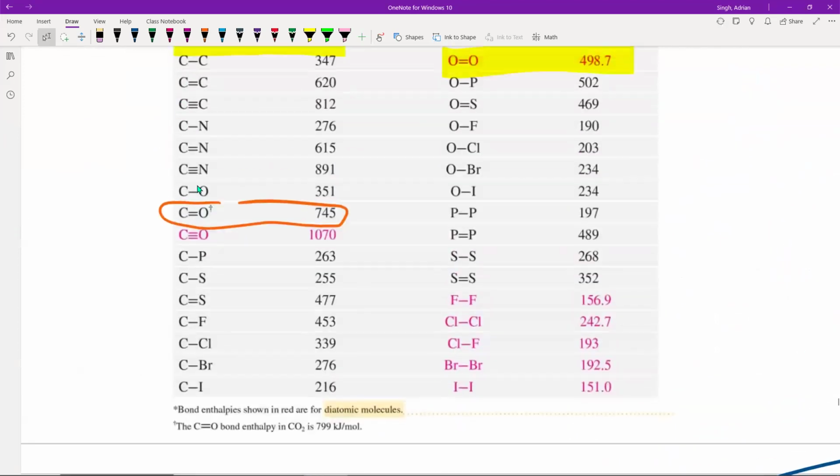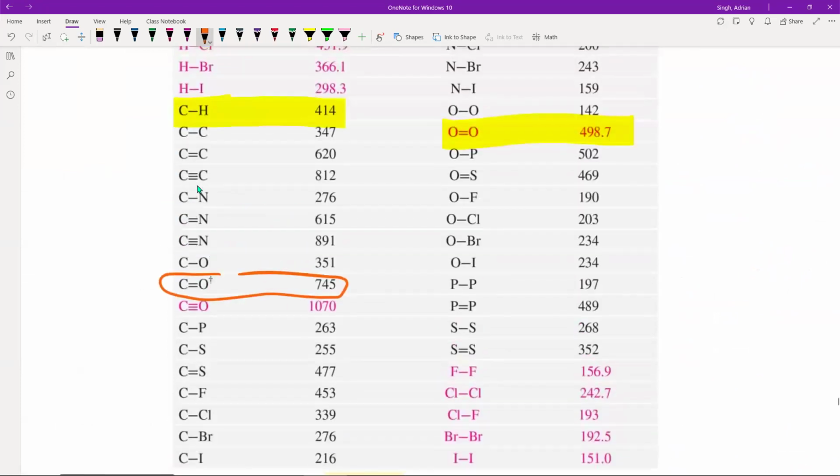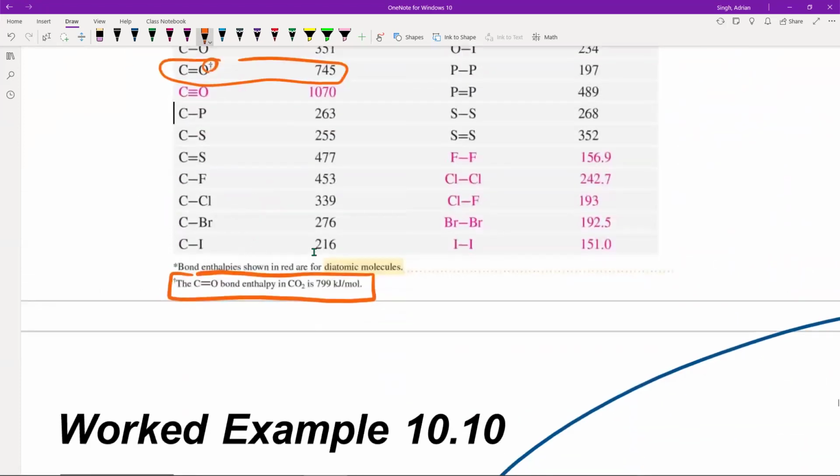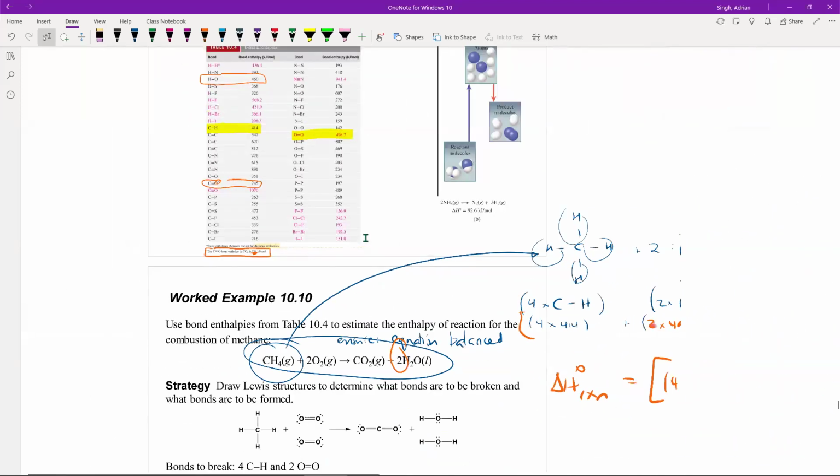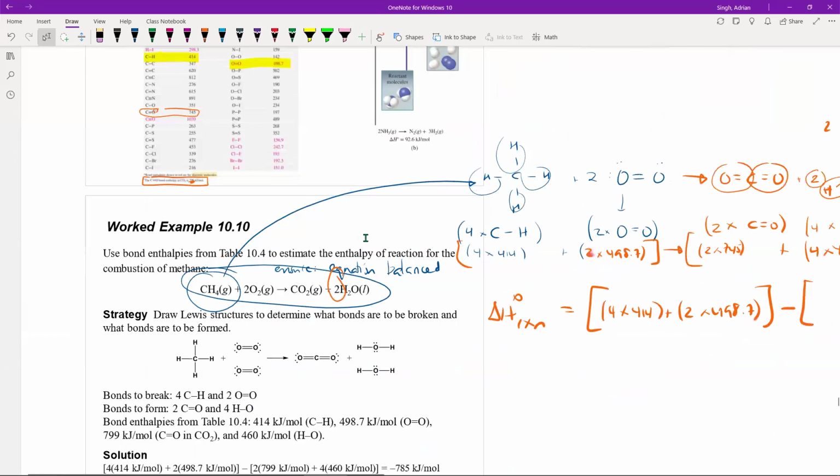in CO2. This is important because it actually affects our molecule. This is the asterisk that we see up here. In CO2, that carbon-oxygen double bond is actually not 745, it's 799 kilojoules per mole. That's specific for CO2, so we need to change that. This should be 799.